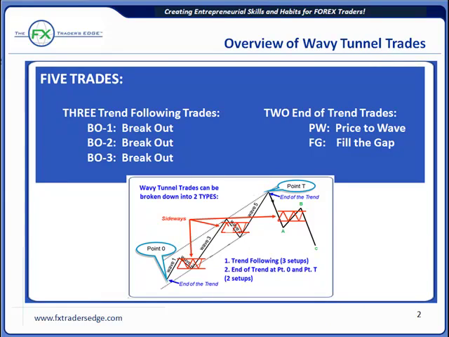And there are 5 trades in the Wavy Tunnel. There are 3 trend following trades called the breakout group, breakout 1, 2, and 3. And there are 2 end of trend trades called the PW or price the weight, and the fill the gap, the FG trade. So you trade these trades at point 0 and point T for the end of the trend, and during the trend you trade the breakout trades.